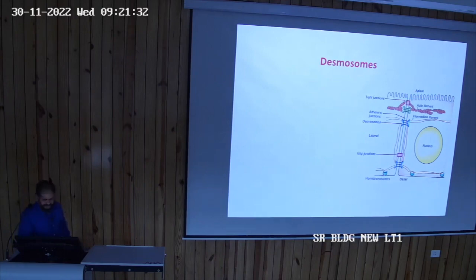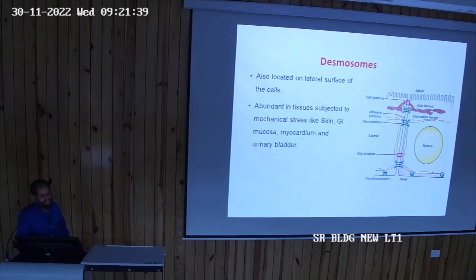These are desmosomes, and these are also obviously located in the lateral surface of the cells. This is important, that desmosomes are abundantly present in those tissues which are subjected to mechanical stress. जिसको ज्यादा स्ट्रेस झेलना होता है वहां पे ये ज्यादा होते हैं, especially in skin, GI mucosa, myocardium and urinary bladder.